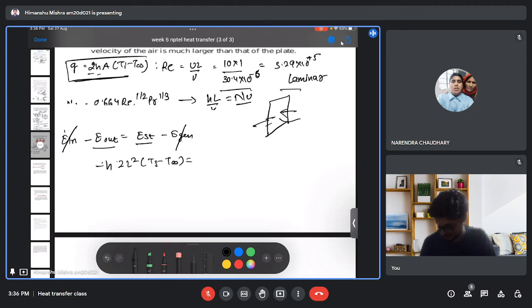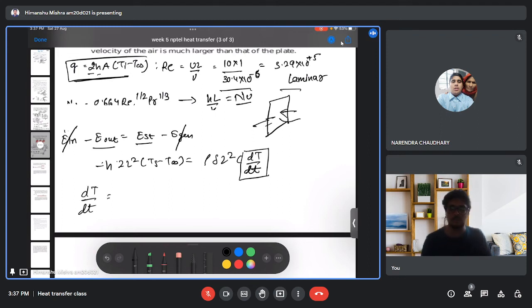And the energy storage can be given as, and we need to find this variation of temperature with time.